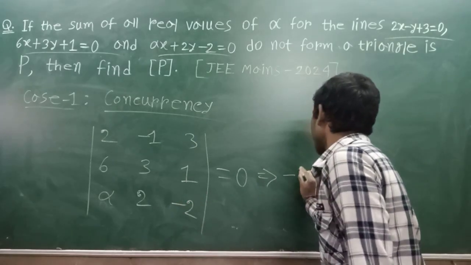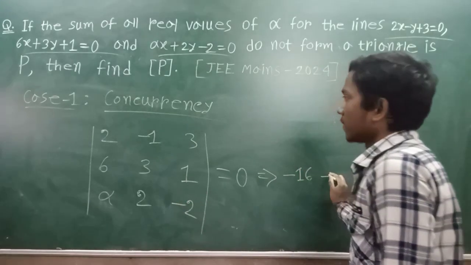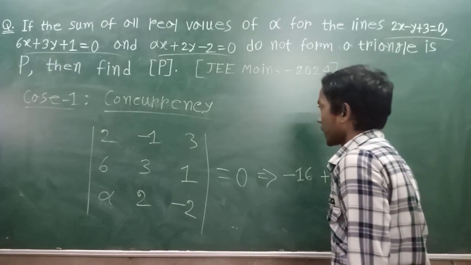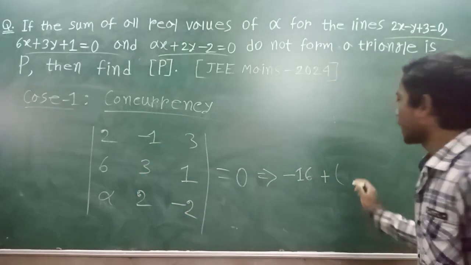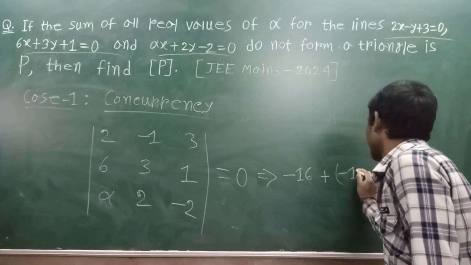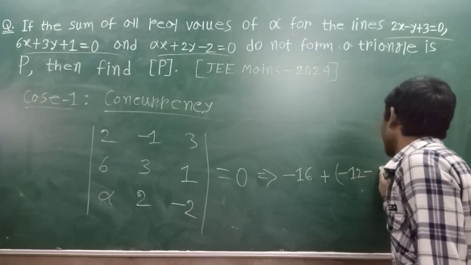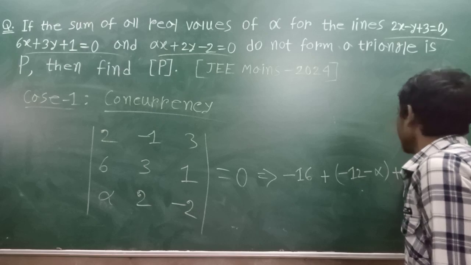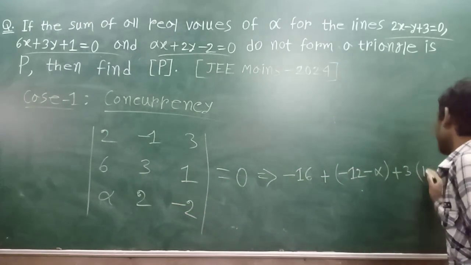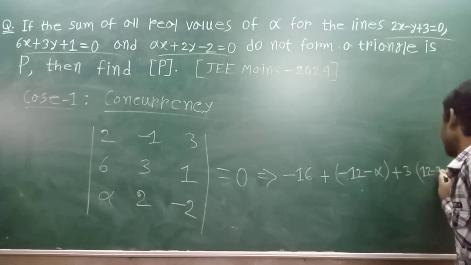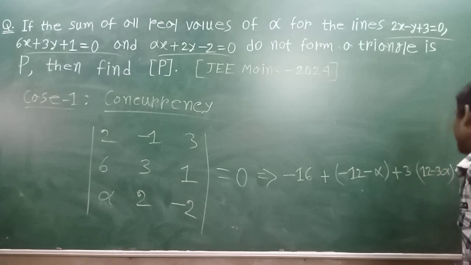So this becomes minus 16 plus this minus 12 minus alpha, plus 3 into 12 minus 3 alpha, this is equal to 0.